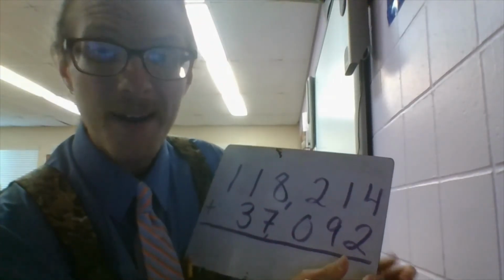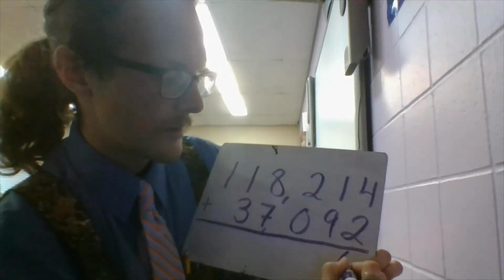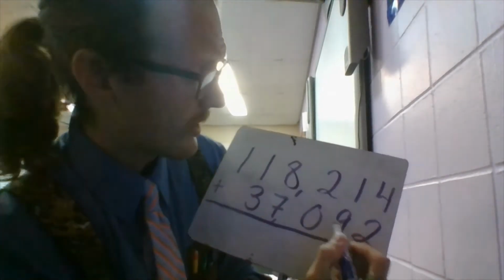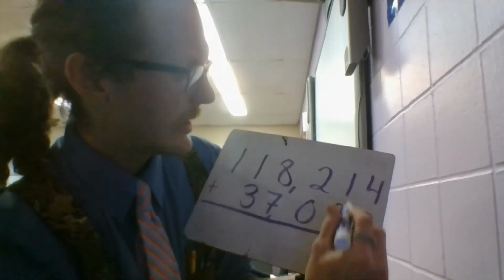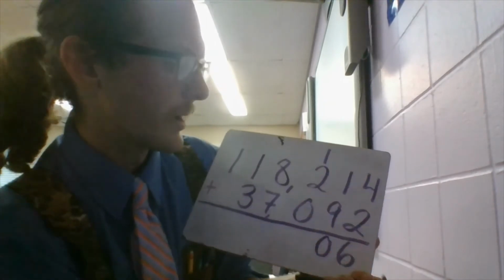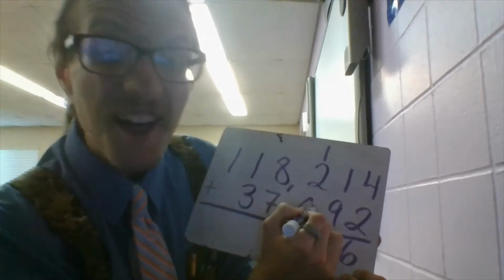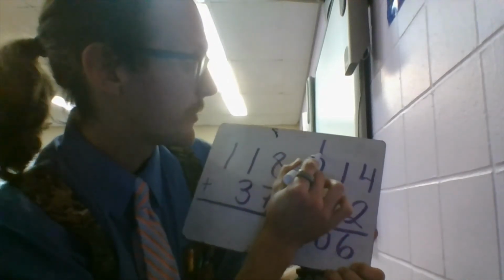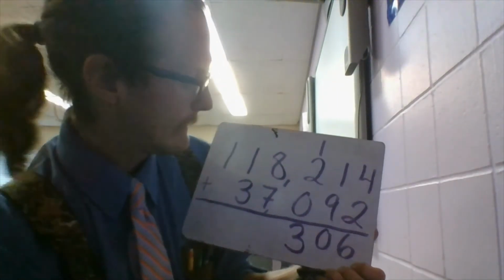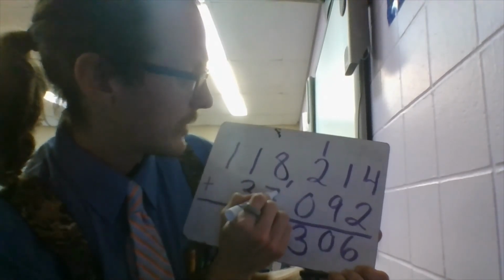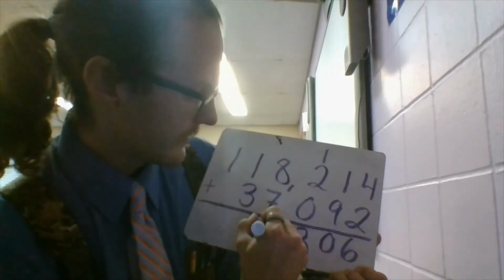Starting in the ones place. Why? Because that's what you do. 4 plus 2 is 6. Well, that's not so bad so far. 9 plus 1 is 10. 0 down there, and 1 up here. 2 plus nothing is 2. Plus 1 is 3. 8 plus 7 is 15. 5 down here.